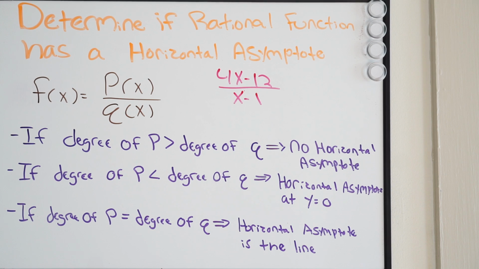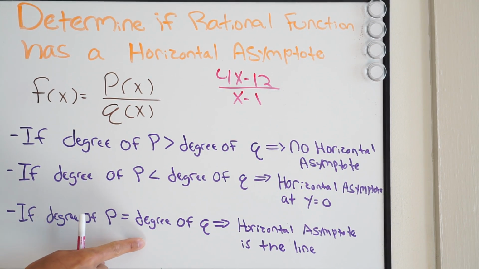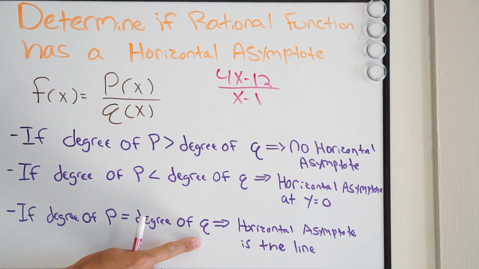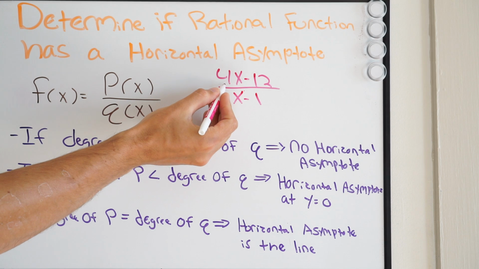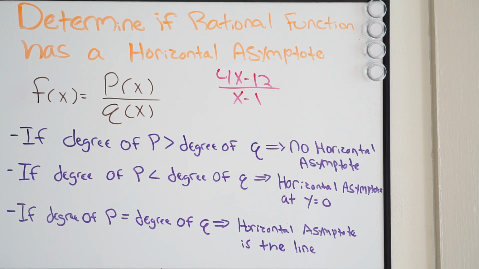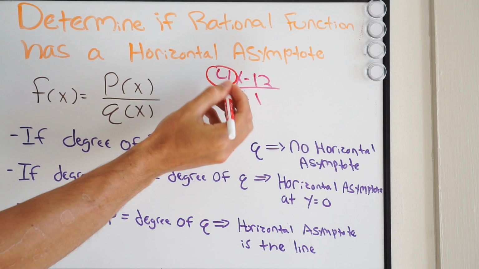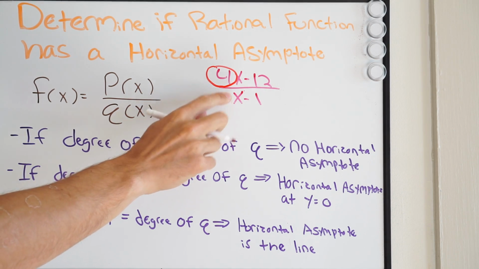If that's the case, it says if degree of p is equal to degree of q, horizontal asymptote is the line. So what does that mean? That means my coefficient in front of this term is going to be 4. My coefficient in front of this term is going to be 1.